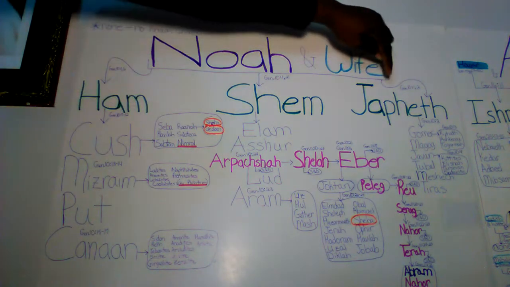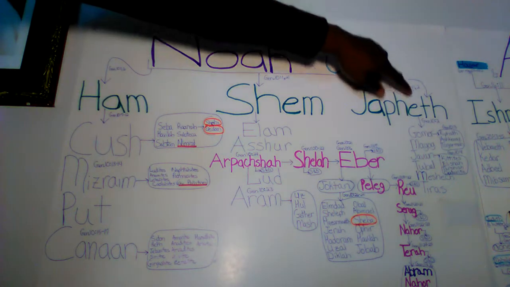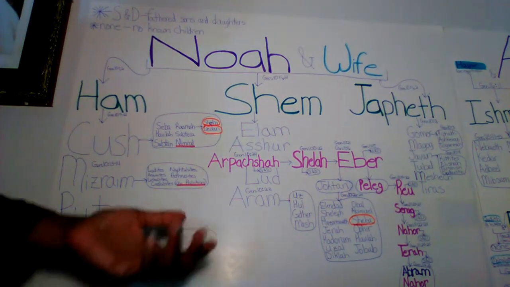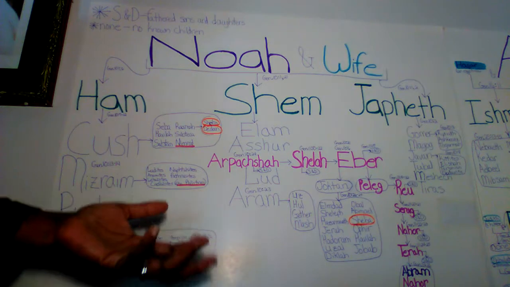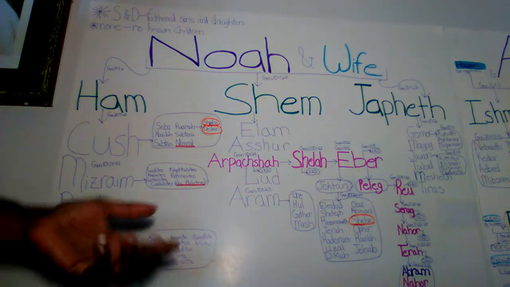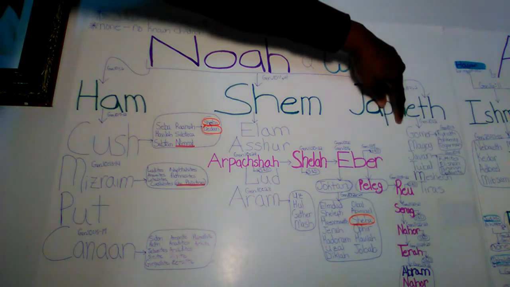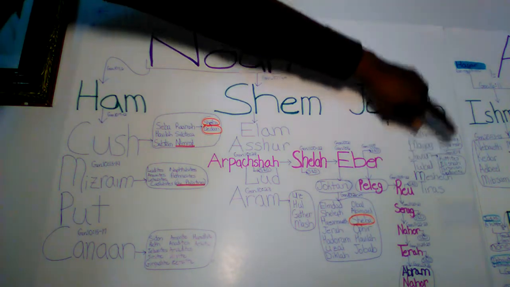You really don't hear too much about Japheth until later on, after the 5 books of the Bible, specifically kind of before you get to the New Testament, some prophecies that are given regarding these groups, like Gomer, Magog, Tubal, Meshach.